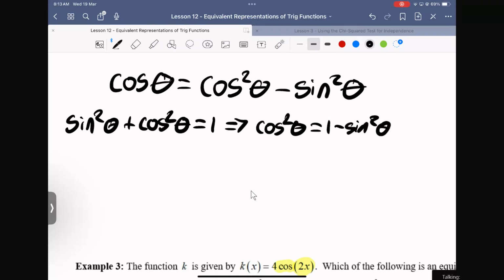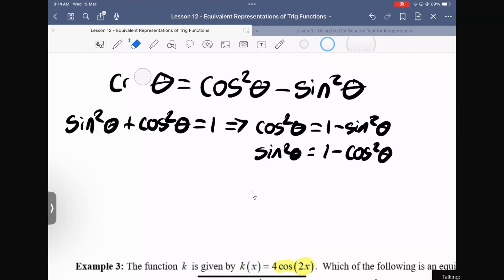And if we want sine squared theta, then that's going to be 1 minus cosine squared theta. So we can substitute that into the double angle identity for cosine wherever we wish.